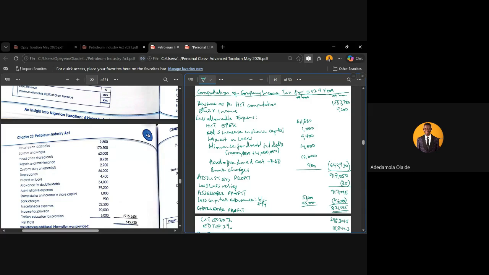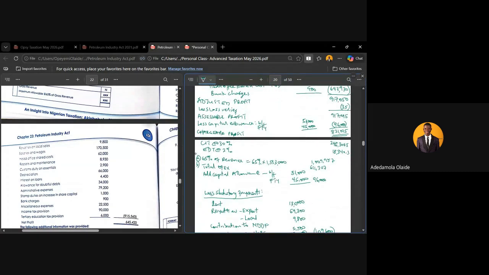It just happened that where we finished this one was where I just needed space. That's why I wrote it on top of it. This 65% is to compute CPR. CPR was needed for hydrocarbon tax. Is it clear? Okay.